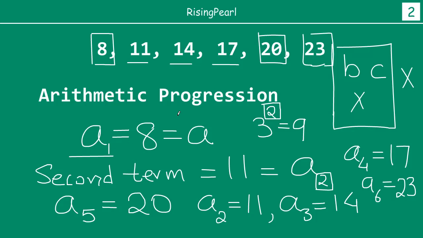So this is important, friends, just to keep in mind how we write in short form the first term, which we always represent as A, and each subsequent term we write as a subscript. So A2 represents the second term, A3 the third term, A4 the fourth term, A5 the fifth term, and A6 the sixth term.